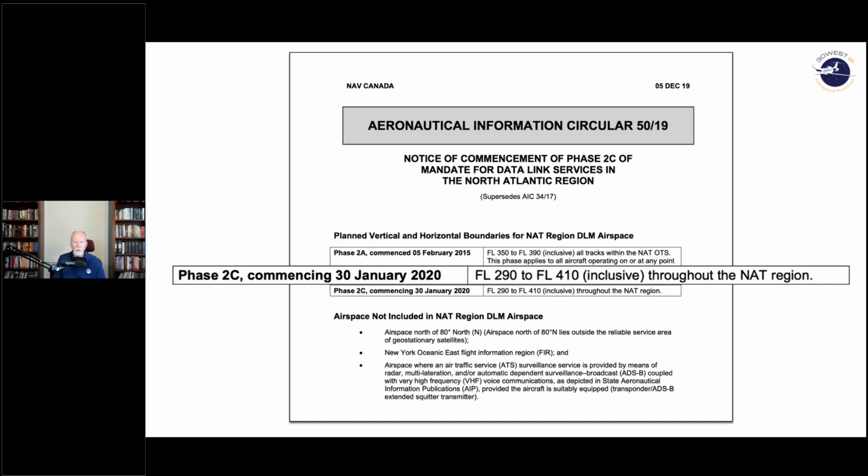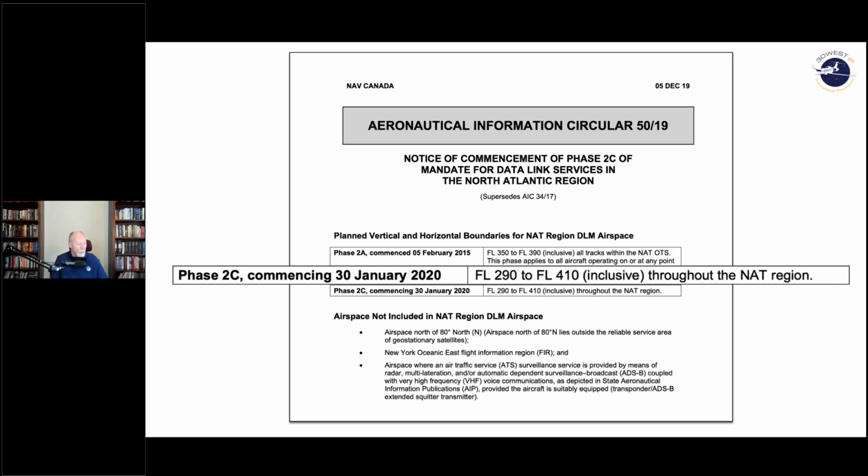This is potentially going to impact a lot of operators. If you're not equipped, it's going to restrict your airspace significantly and maybe even make it prohibitive to operate in the greater region. But it's also going to affect operators who are operating under an MEL release, released without data link but able to depart, and they wouldn't be able to enter that airspace either.